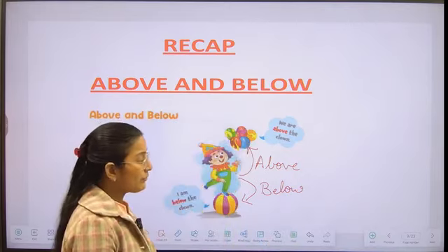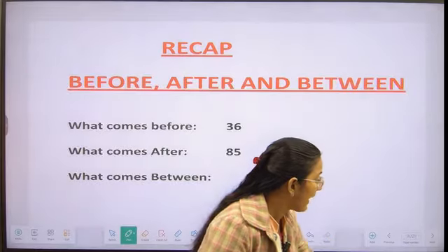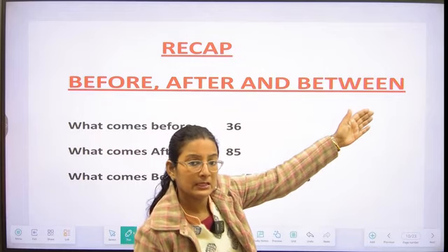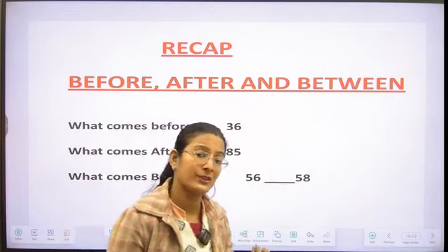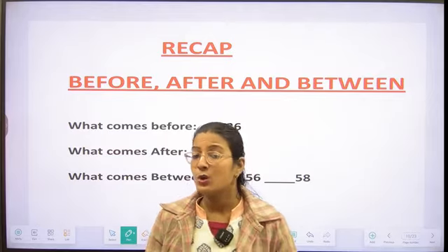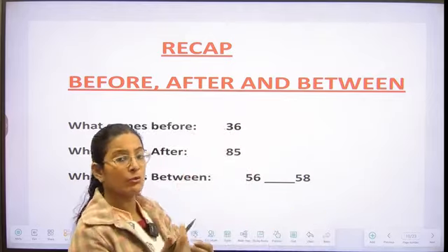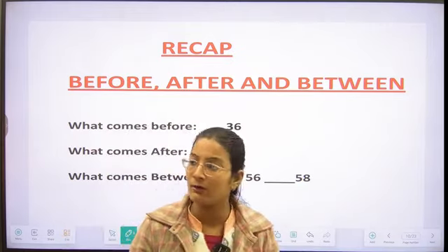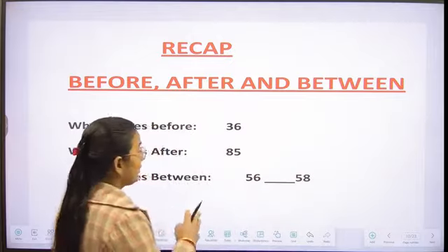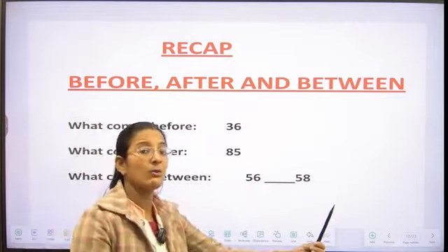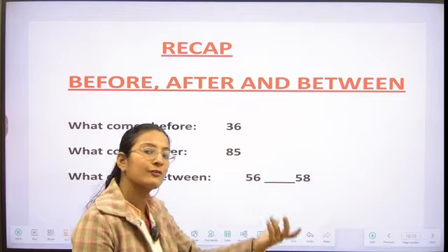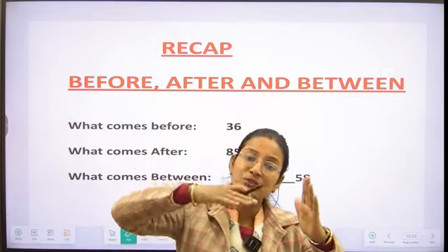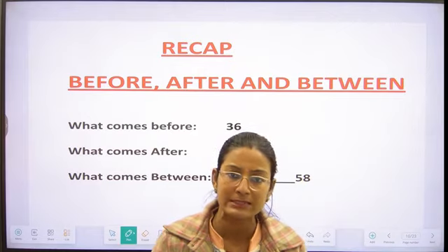So now we are going to move to our next concept, that is before, after and between. तो हम लोगों ने बिफोर कॉन्सेप्ट में what we learned in that concept, कोई भी चीज अगर हमसे पहले होती है, कोई भी ऑब्जेक्ट अगर पहले रखा हुआ है, we are using the word before for that. और अगर कोई भी ऑब्जेक्ट बाद में रखा हुआ है तो we are using the word after for that. सिमिलरली कोई भी ऑब्जेक्ट अगर कोई दो चीजों के बीच में रखा हुआ है, we are using what word kids?